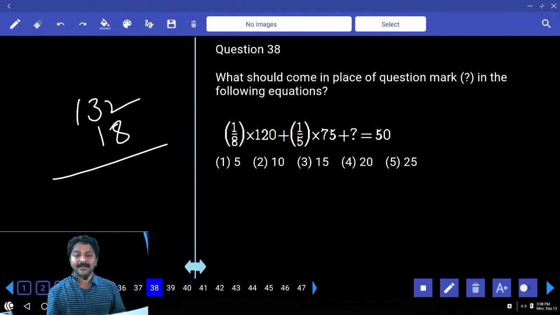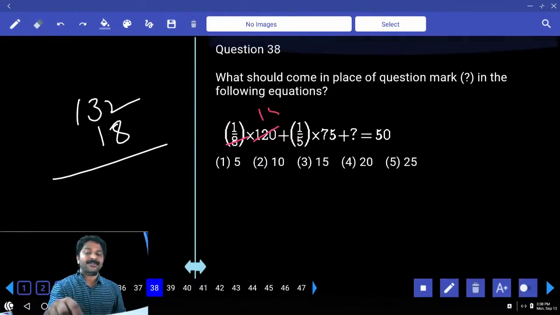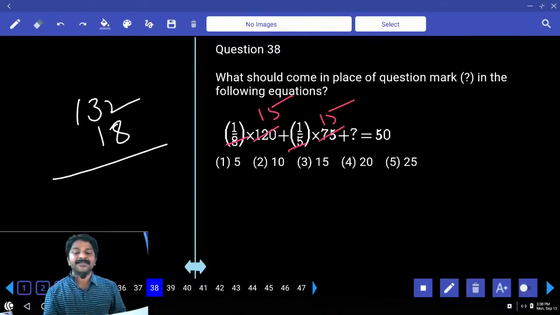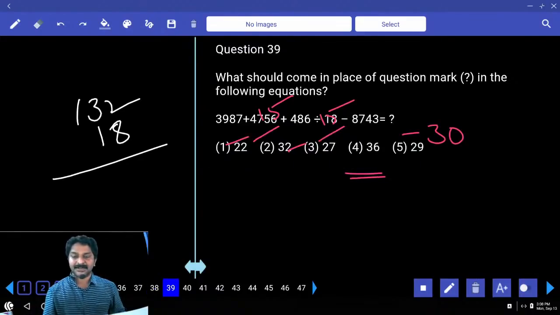Next, 8 how many times? 15 times. 5 also 15 times. 15 plus 15, 30 goes to right hand side and becomes 50 minus 30, answer fourth option.